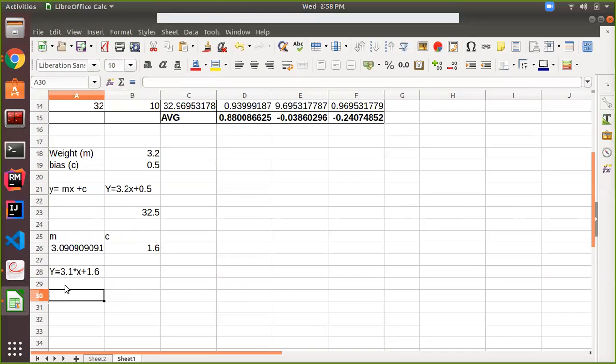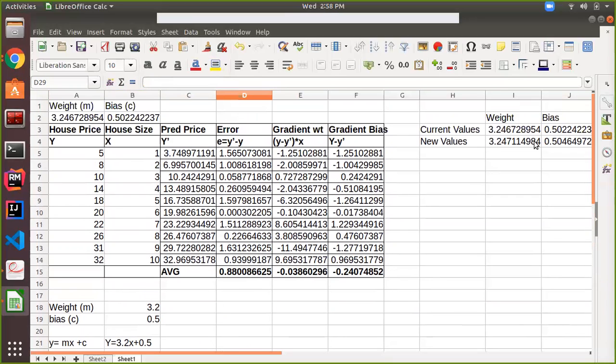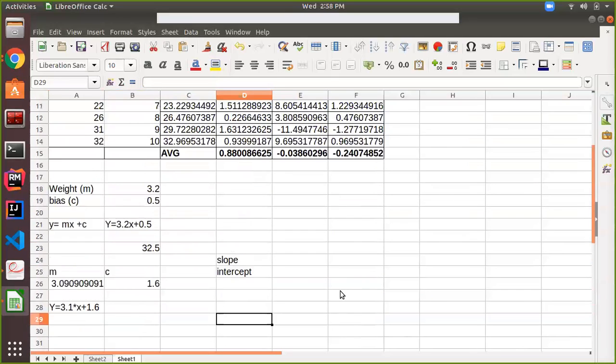So using this equation you can find the predicted value of y for any x. Same thing you can do in Excel using the formula slope and intercept, okay. But these things I did manually and calculated the value of slope and intercept using iteration.